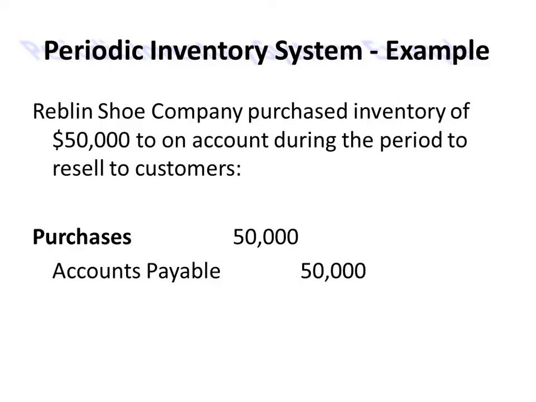It closes out to inventory at the end of the period. So you should never have a purchases account with a balance once you close your books and finalize your records. Purchases always closes out via journal entry, which we're going to look at, to inventory. As you're learning this subject matter, that's one of the rules that you have to remember.